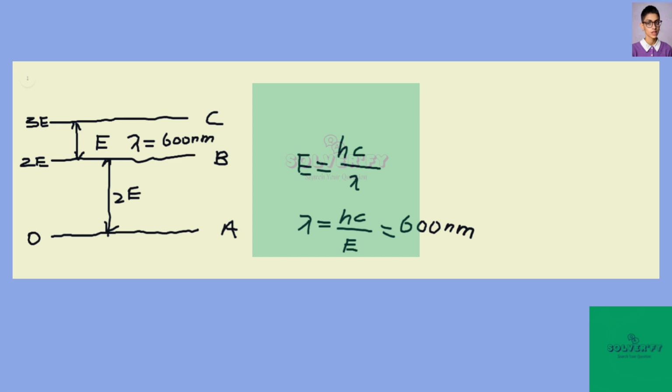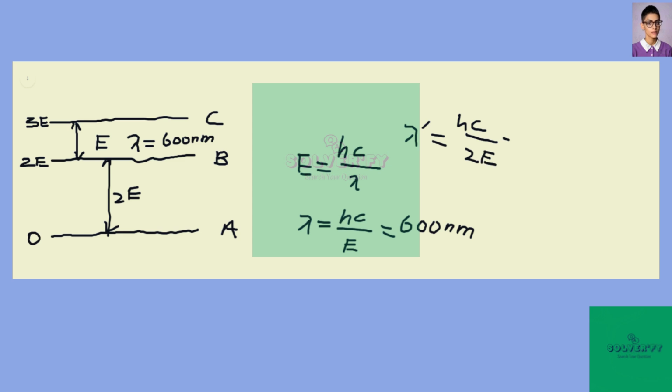When an electron jumps from B to A, let's say its wavelength is lambda prime, and lambda prime would be equal to H times C divided by the difference of energy levels between B and A, which is 2E.